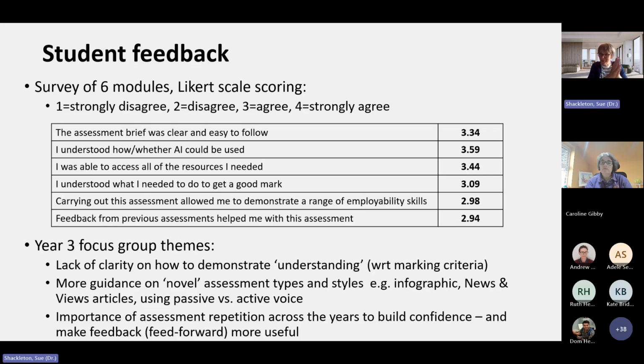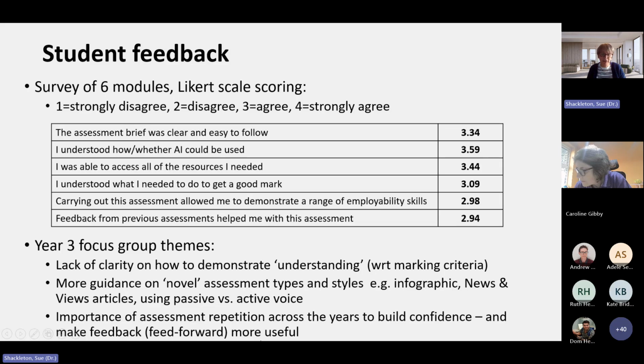Sorry, I'm not being very coherent because I've not thought about this for quite a while. But building the assessment literacy and confidence throughout the 3 years of their study. So we need some work on repetition of particular assessments and deciding what are the key types of assessments, key skills that we want students to be gaining, or competencies as we're talking about today.